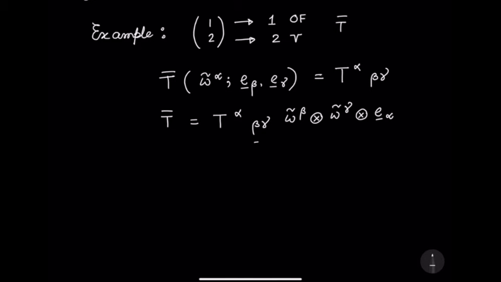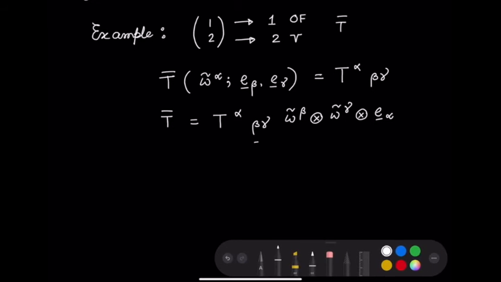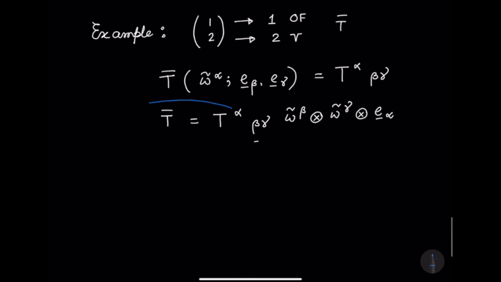The index corresponding to the one forms stays downstairs. And again, let me remind you with the old notation, this is the contravariant index, and these are the covariant indices.